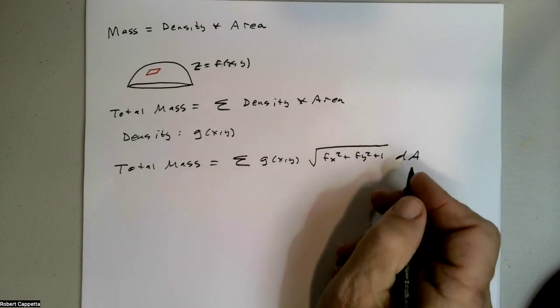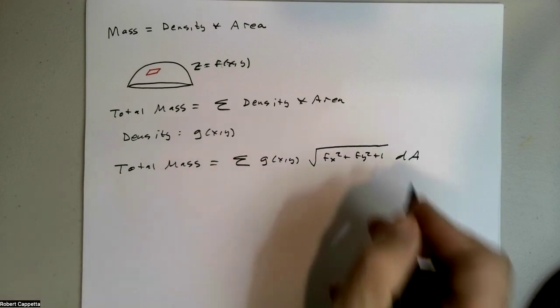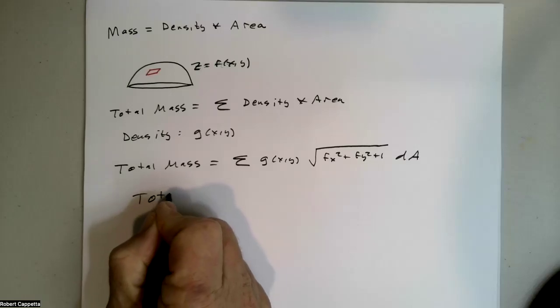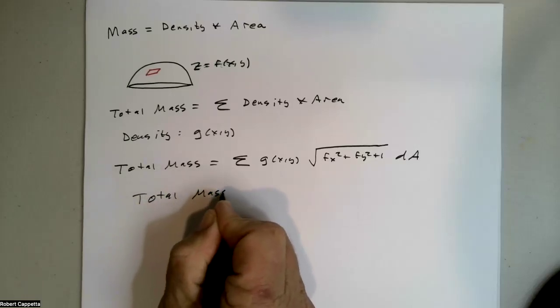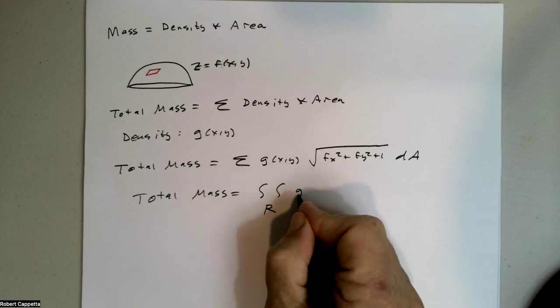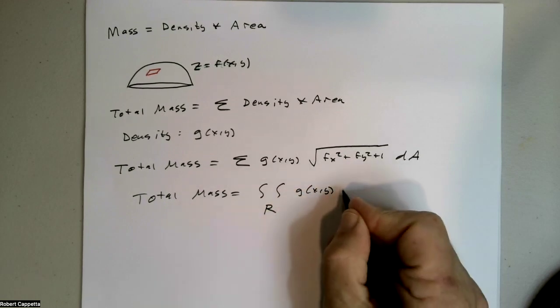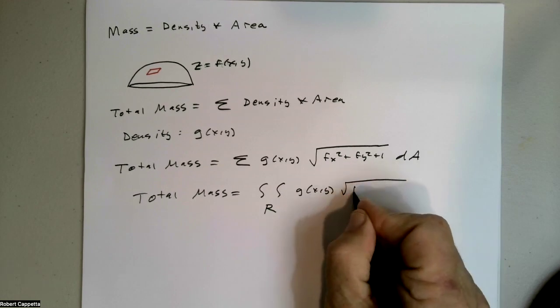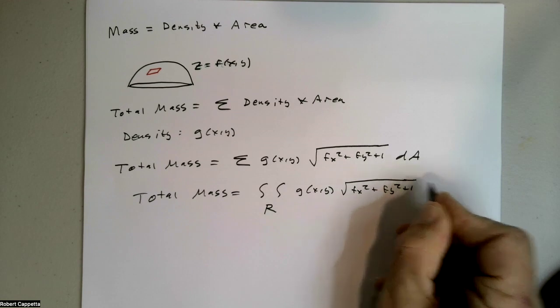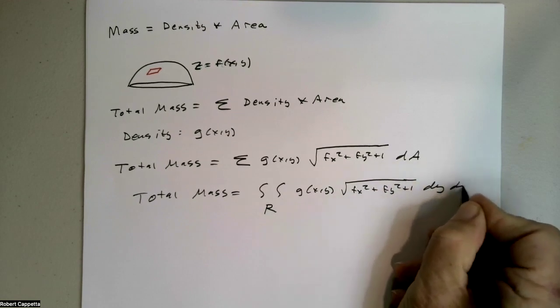I guess I should have said change in x, change in y there, but of course we're going to shrink that to 0. So we'll say that the total mass will be the double integral over the region R of g of x, y times the square root of f sub x squared plus f sub y squared plus 1 dy dx.